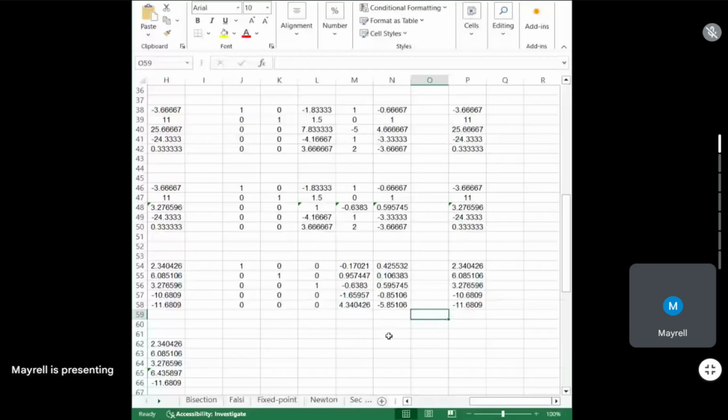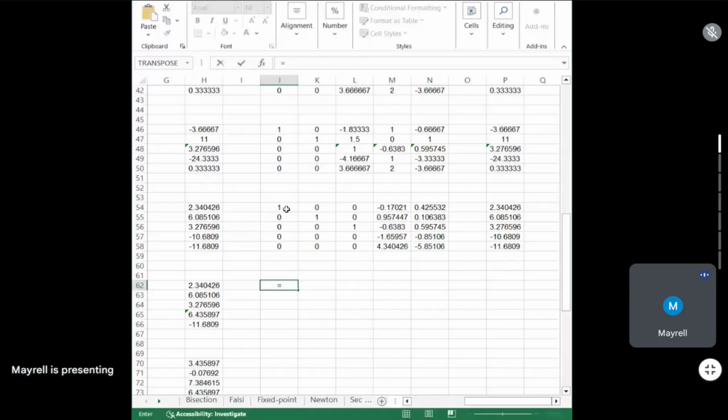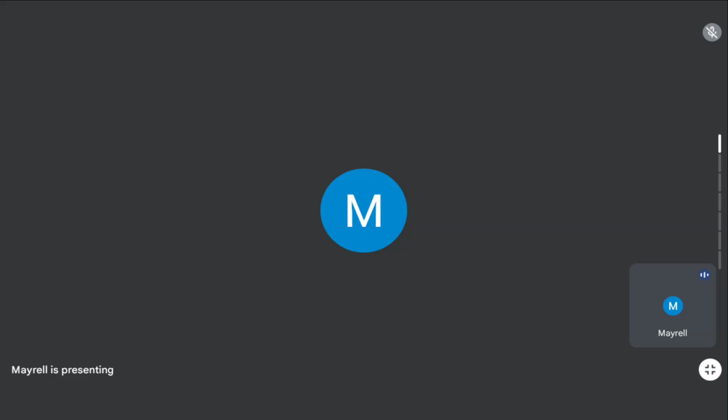Okay, so we have eliminated column 3. So let's proceed to normalize row 4. Okay, so let's normalize row 4. So the others, you can just copy the other elements in rows 1, 2, 3, as well as the elements in kaya 0 naman sila. So we can copy them.